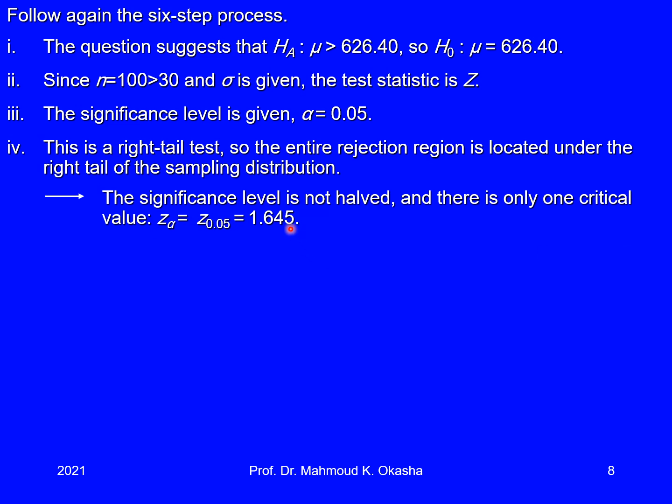As a one-sided test, we have to find from the standard normal distribution table Z alpha, not Z half alpha, which is Z 0.05, and from the table we get 1.645, right?